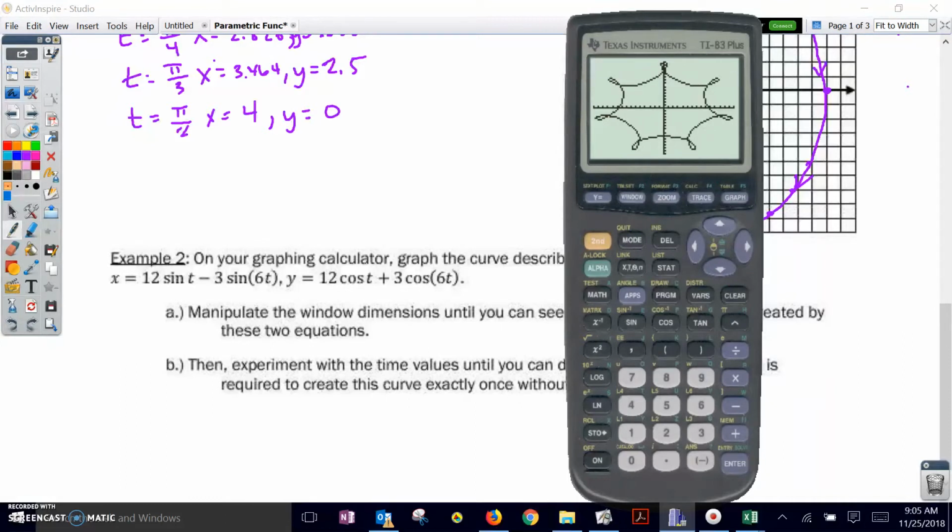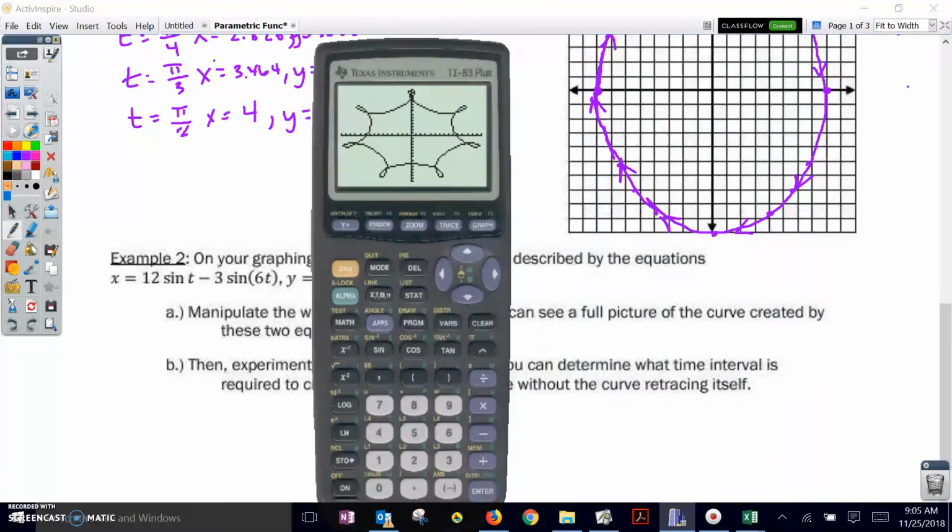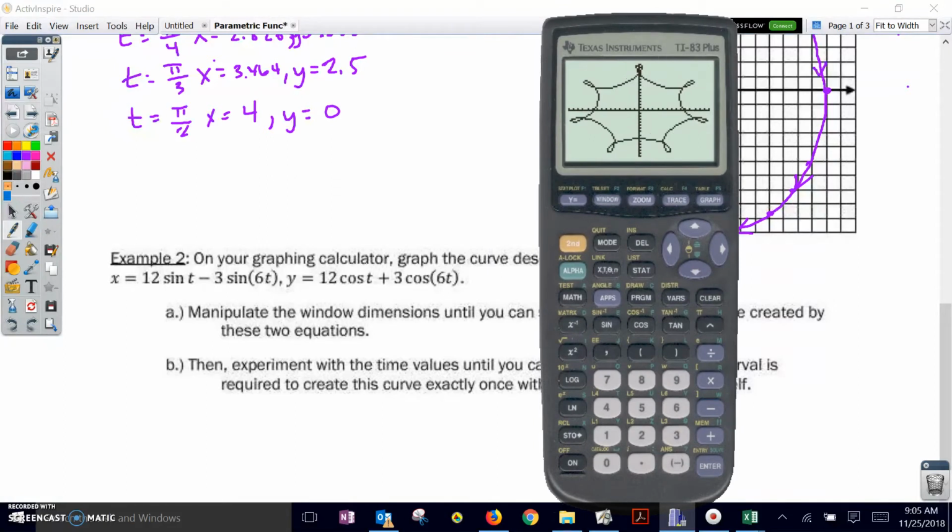Alright, and it just so happens that with 0 to 2 pi, I had exactly enough to create this curve exactly once without the curve retracing itself. If I had used a smaller t-max, like say from 0 to pi instead, when I made this graph, I would only get part of the graph.